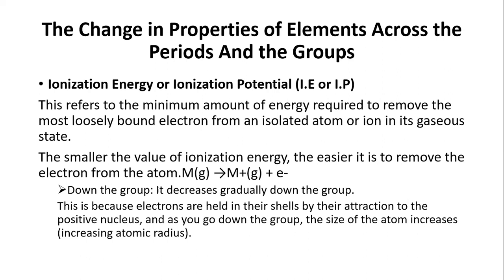If the radius gets larger, it means the energy gets looser for the electrons that are located far away from the nucleus. So that's how it decreases down the group.